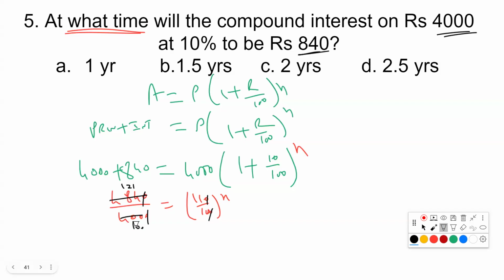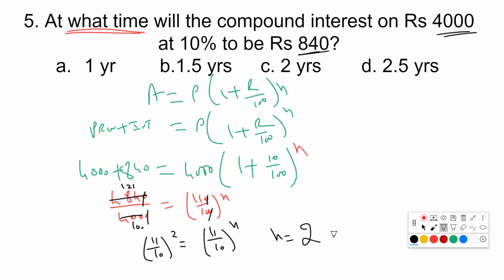So 121 by 100. I can write it as 11 by 10 whole square. It is the same as 11 by 10 power n. When the bases are the same, 11 by 10, 11 by 10, you can equate the powers. So what is the n value? The n value will be 2.